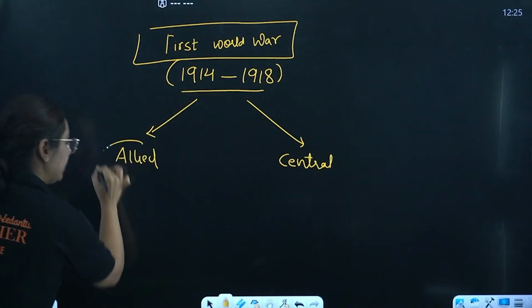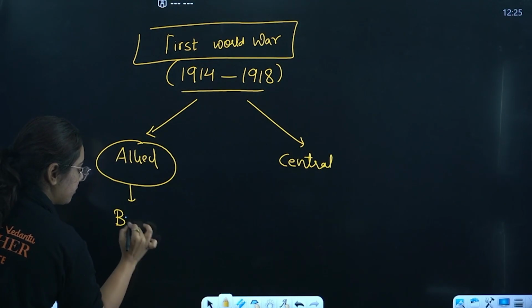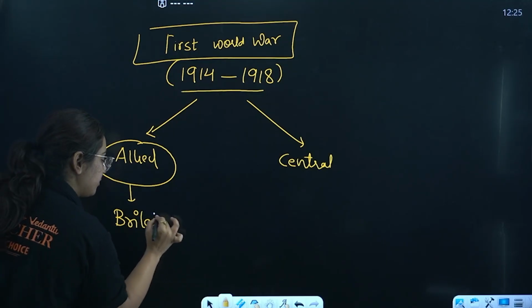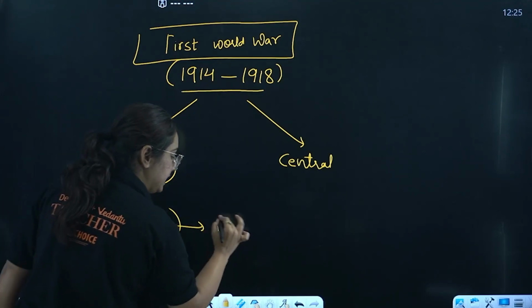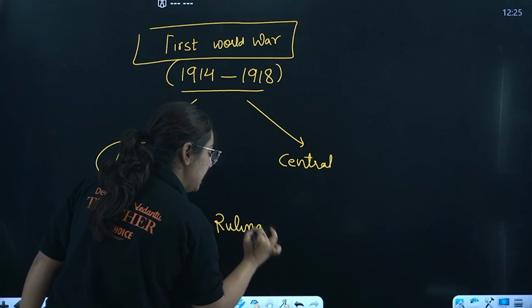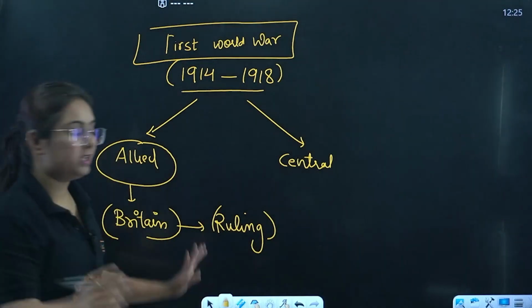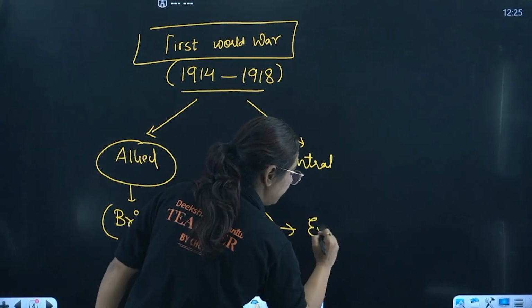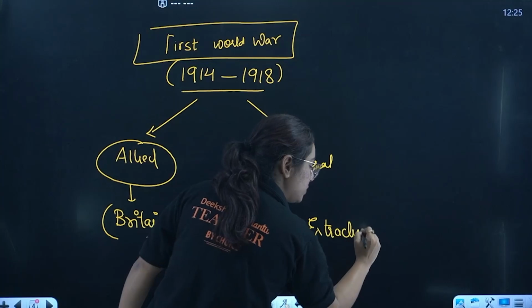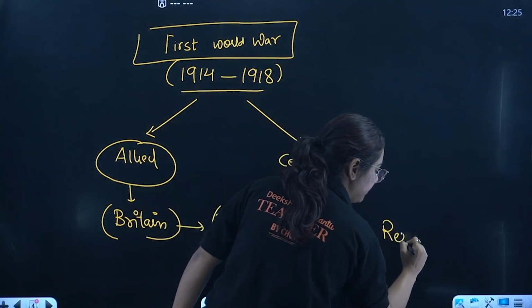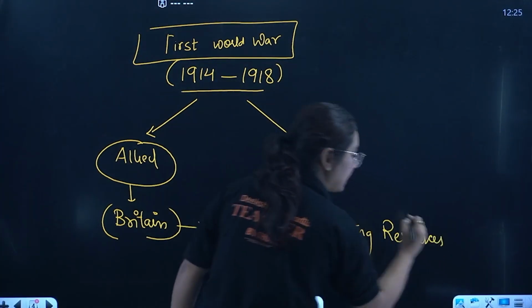In the group of allied powers, there was Britain, and Britain was ruling India at that time. Because they were the colonial power, they were extracting resources from our country.